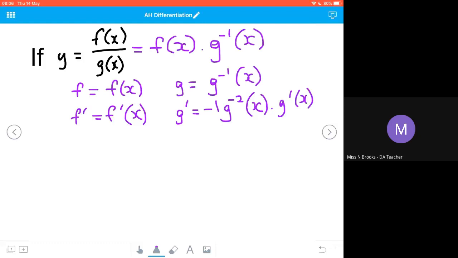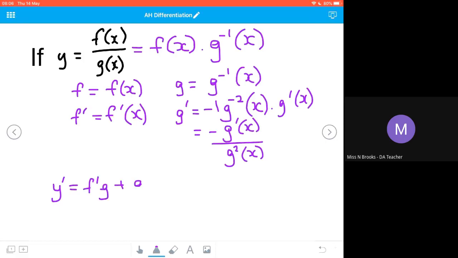And then we're going to simplify this by writing negative derivative of g of x divided by the function of g of x squared.